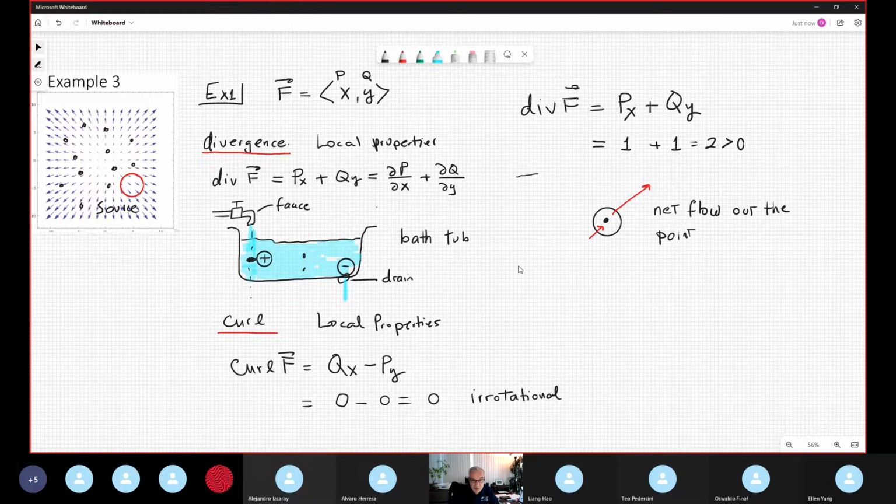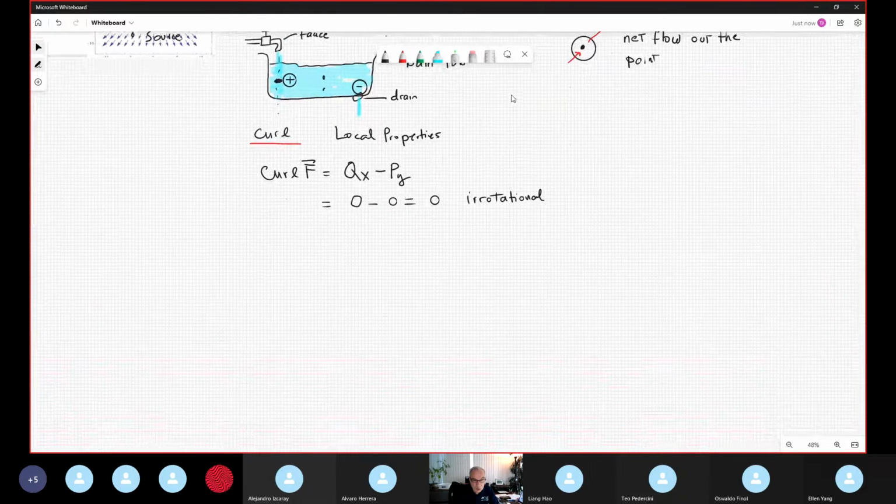Okay, rotation is when you see. Let me explain the idea. Suppose that the curl of another vector field, not this one which is 0, is positive. Okay, entonces the interpretation of this is that this vector field in this specific point rotates counterclockwise.